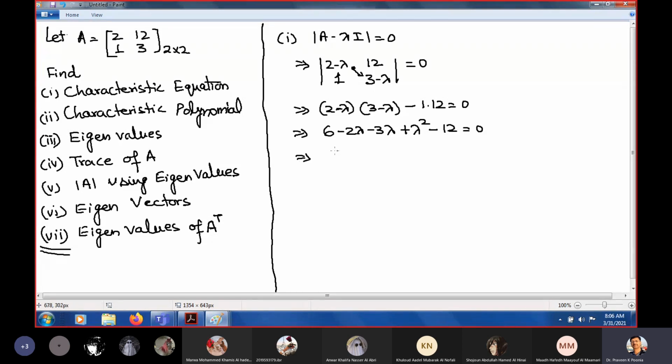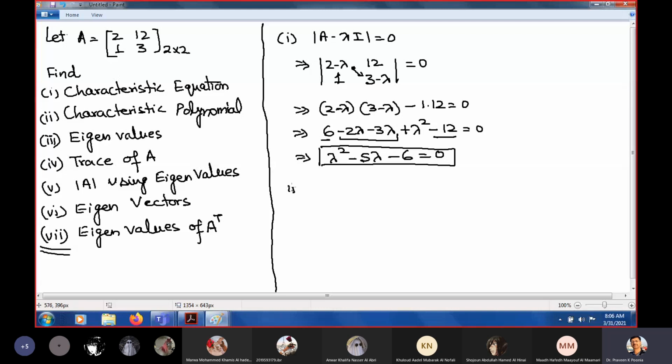If we simplify, it is lambda power 2 minus 2 lambda minus 3 lambda. It is minus 5 lambda and plus 6 minus 12. It is minus 6. Clear? So this is the characteristic equation.